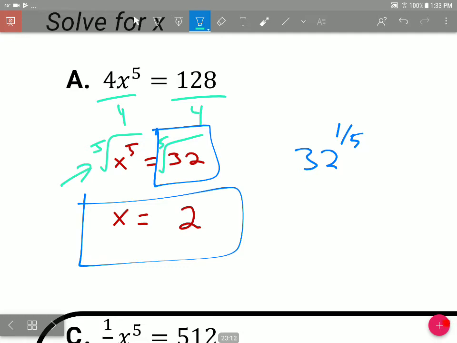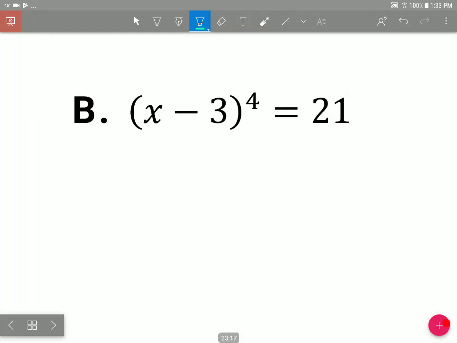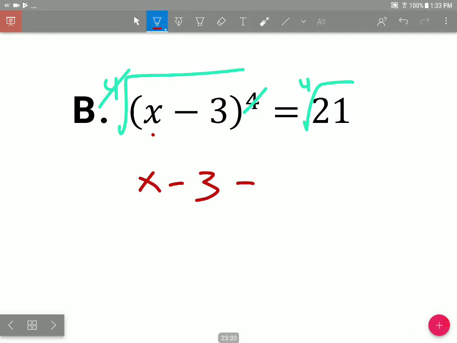It's not square root, it's a 4th root. There we go, thank you. It is a root, yes, but it's a 4th root. So those cancel each other out, and we get x minus 3. Now, I can't take the 4th root of 21 evenly, so I'm just going to leave it there, because it comes out to a big funky decimal.